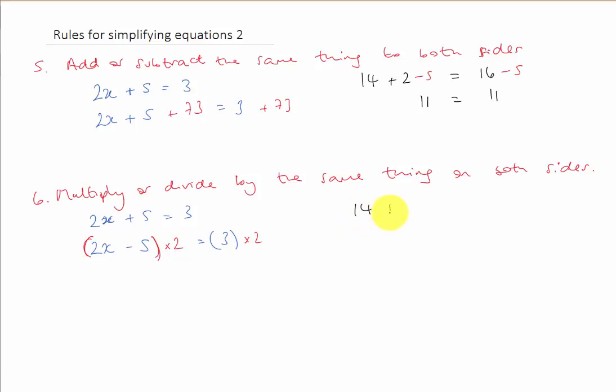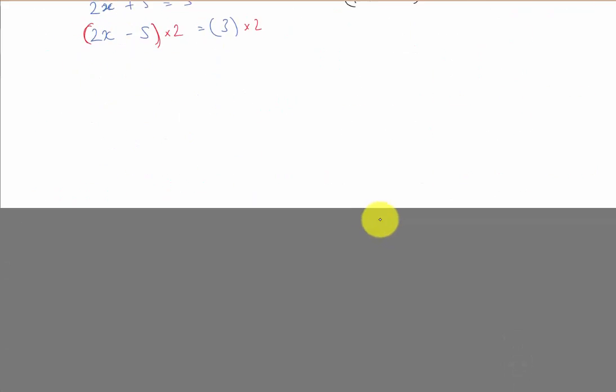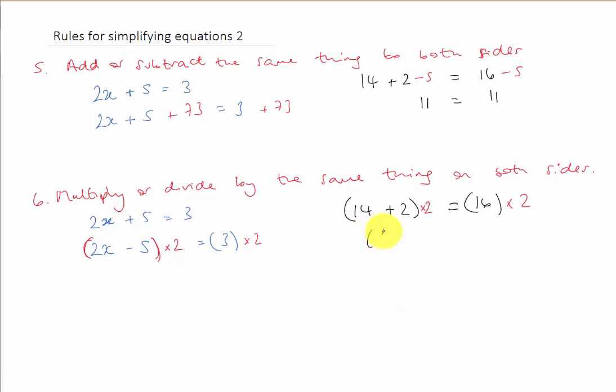So 14 plus 2, the whole thing, is equal to 16. We can multiply the whole thing by, let's say, 2, and this by 2. First of all we have to deal with whatever's inside the brackets, so that gives us 16 times 2 is equal to 16 times 2, which is 32, equals 32.